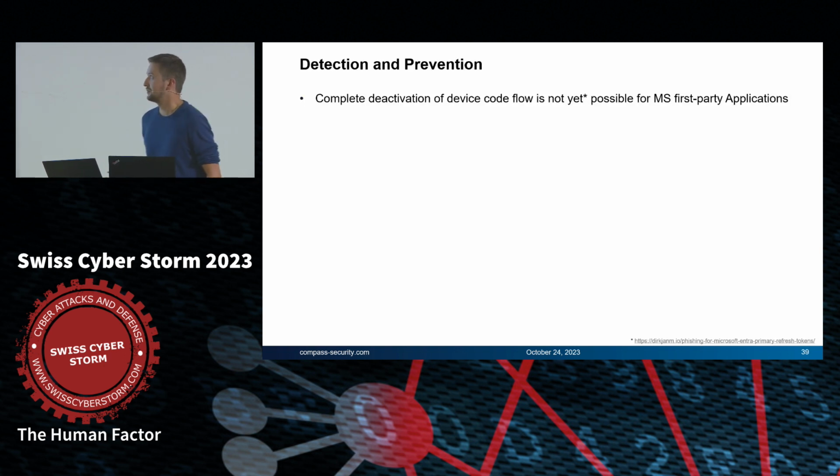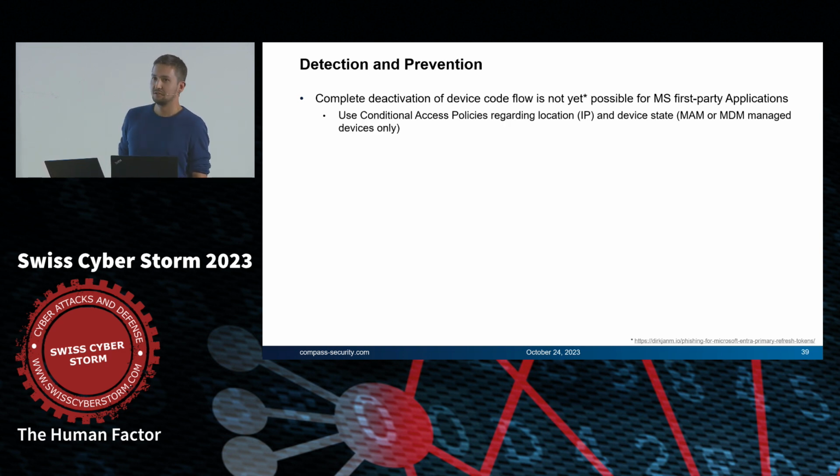Detecting and preventing, well, as I mentioned, it's not possible to completely disable this device code flow for the Microsoft first-party applications. But what you can do is set conditional access policies to only allow certain IP addresses, so the initiator has to be in a certain location, or reduce logins to only MEM or MDM managed devices, like Azure joined or Azure managed devices.